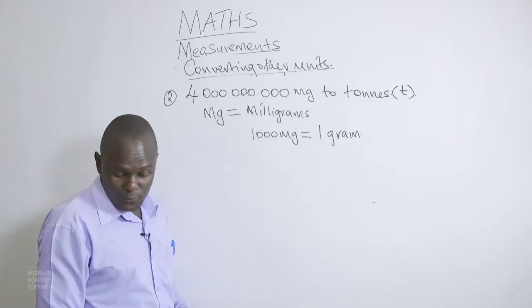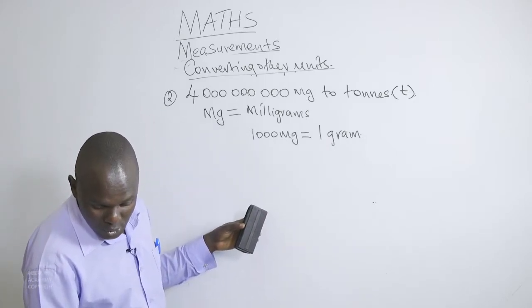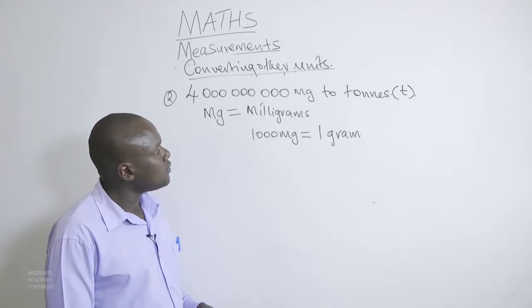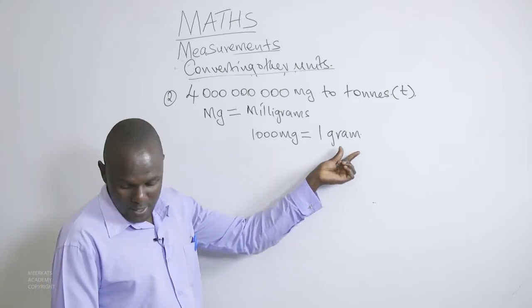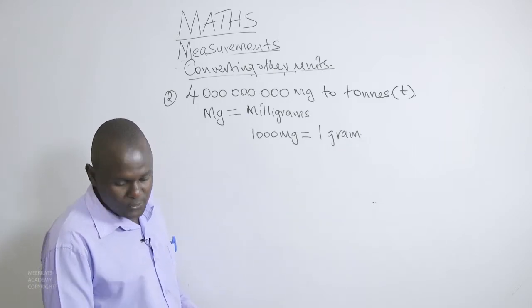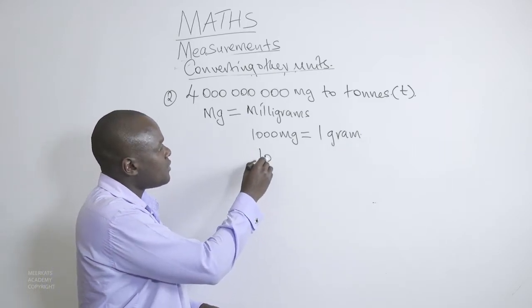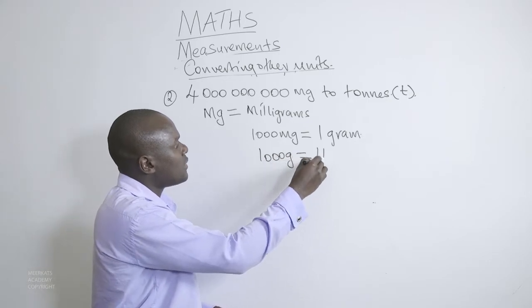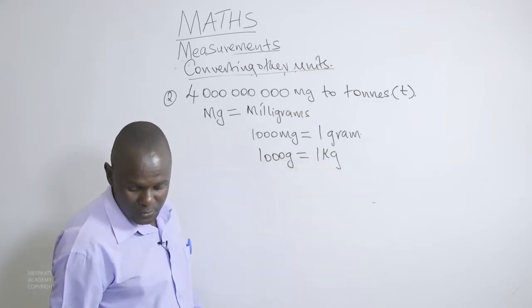So from this point we can convert to the rest. If 1000 milligrams is equal to 1 gram, we also know that 1000 grams are equivalent to 1 kilogram.